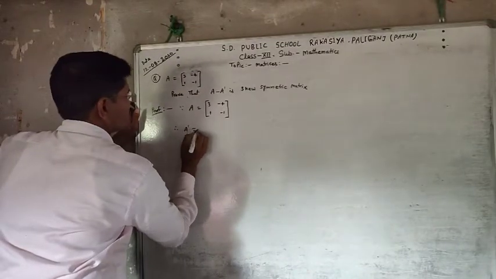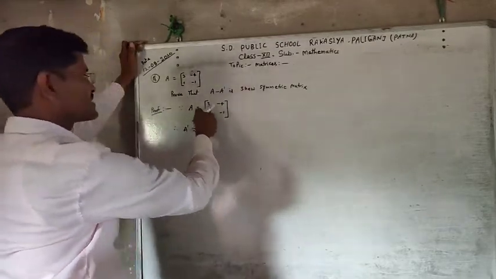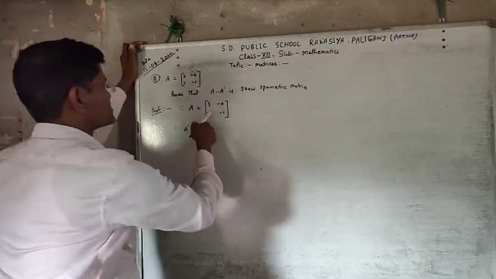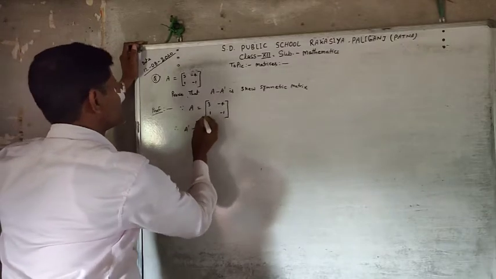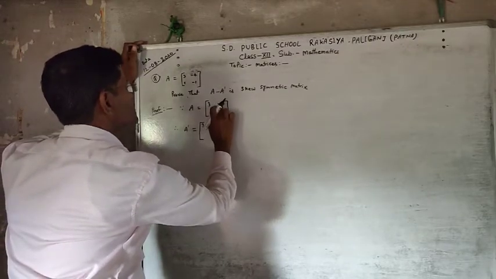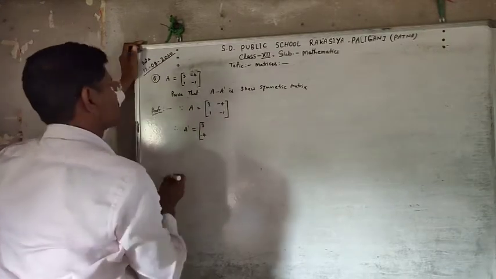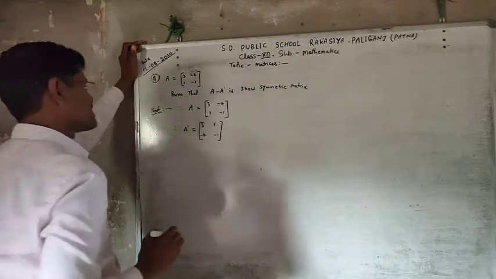A transpose is obtained by interchanging the rows and columns of this matrix. So A transpose has 3, minus 4 as the first column and 1, minus 1 as the second column.